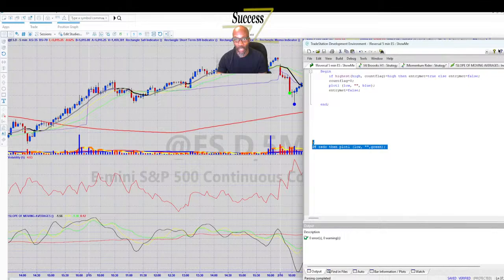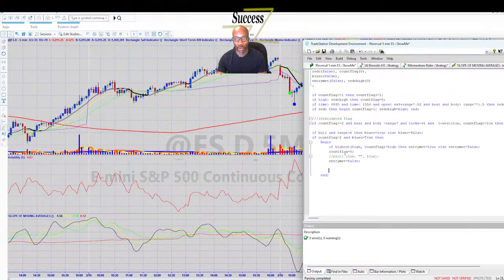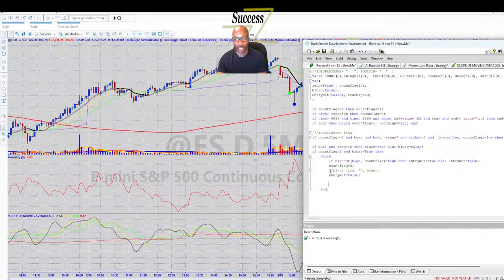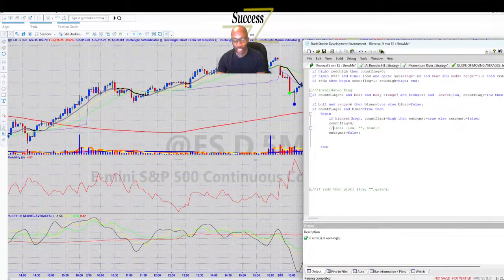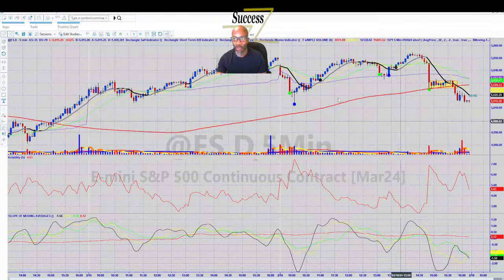We don't need to plot this. We'll just turn this off for now and we'll turn this one off too. The plot, we can't plot that in the actual strategy, but I do want to have that turned back on. I tell you what, I'm going to do it because I do want to leave this on and just leave it running on my regular ES chart on the 5-minute time frame.